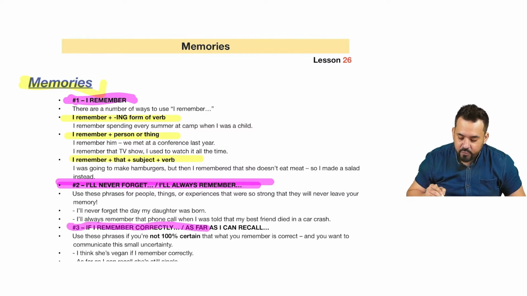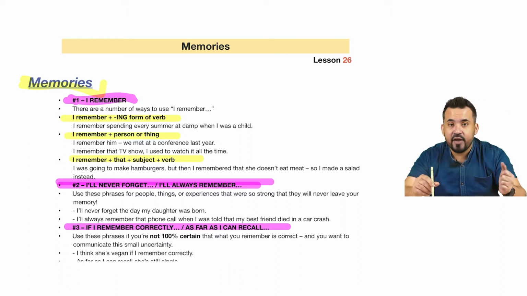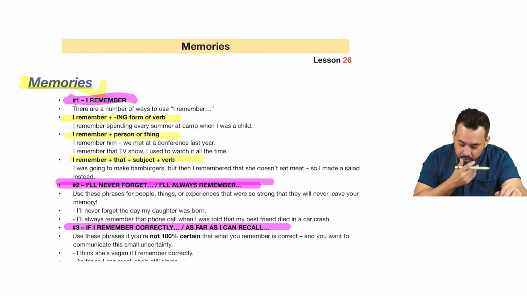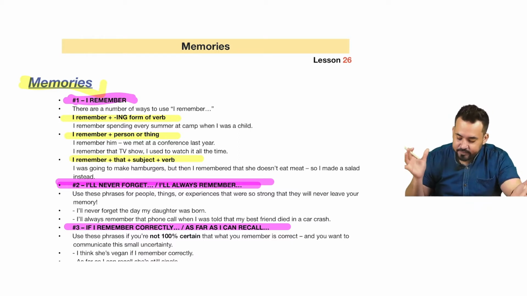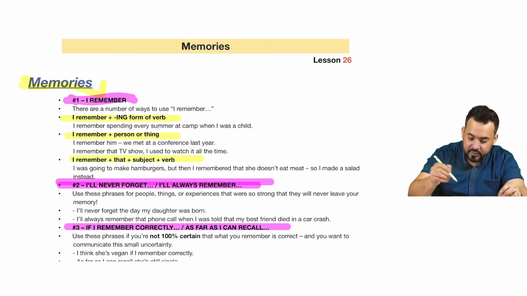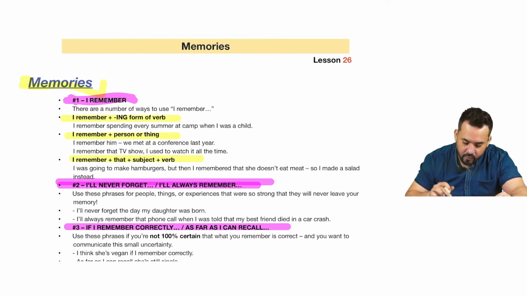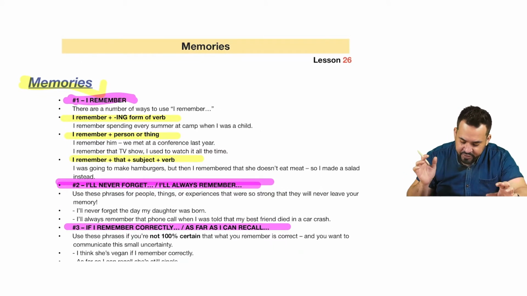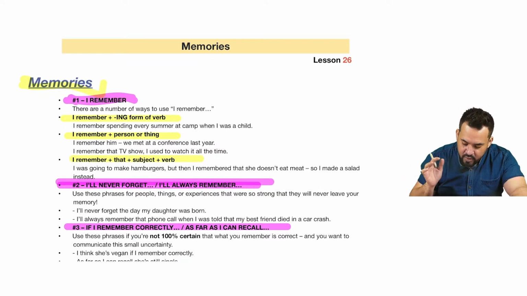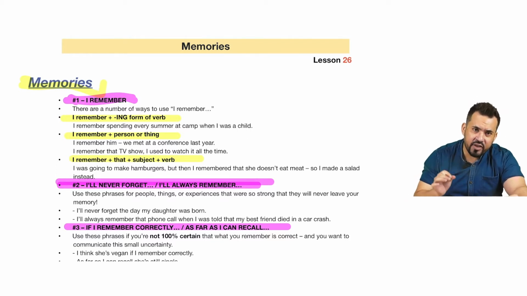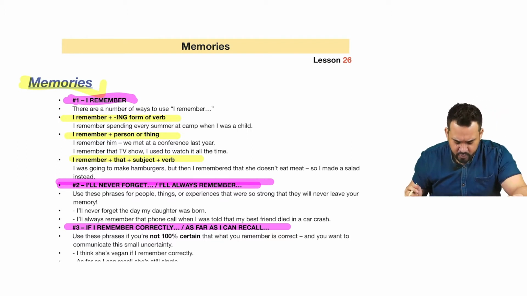If I remember correctly, or as far as I can recall. This is if you're not 100% sure about something, but you think that what you remember is correct. Okay, so I think she's vegan, if I remember correctly.